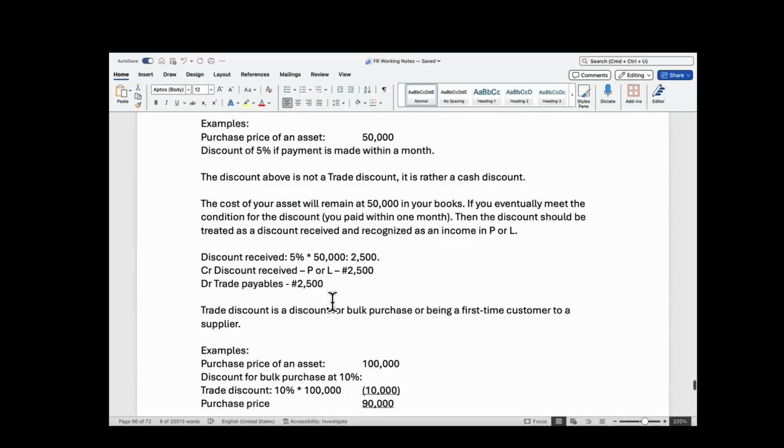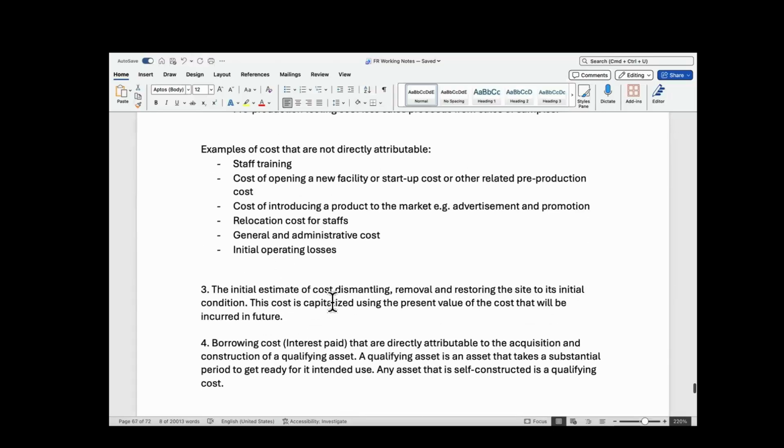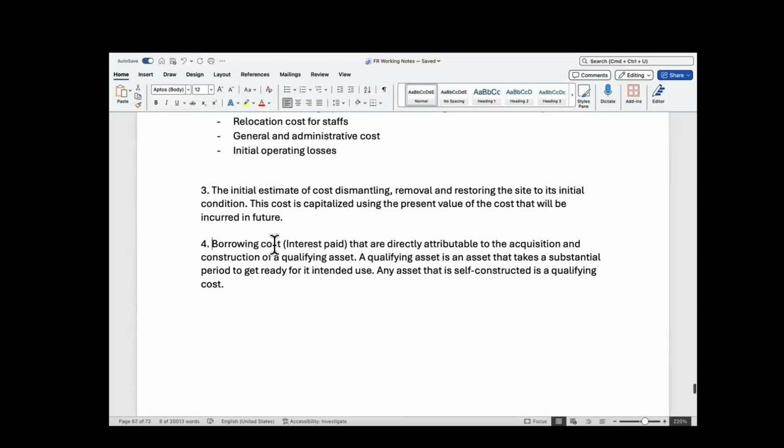You will not capitalize such interest. So the interest you capitalize as part of the cost of an asset is one in which you constructed the asset yourself. And the reality is that the interest is only capitalized to the date construction is complete.